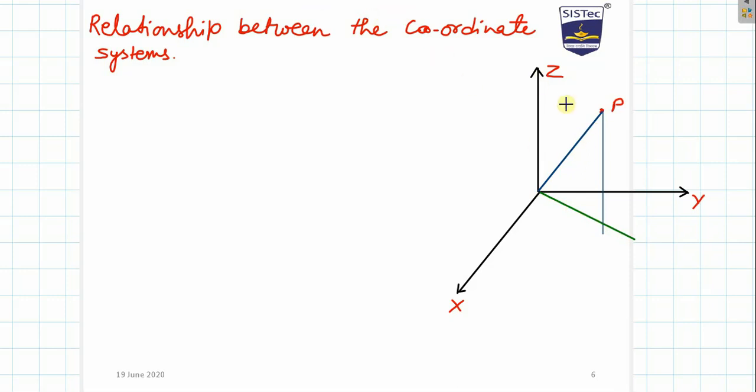And what is the rho vector in cylindrical coordinates? You know very well that it is the perpendicular distance from the z-axis to the point. So this one is the rho vector, and we have taken its projection on the xy plane, so this is also a rho vector.